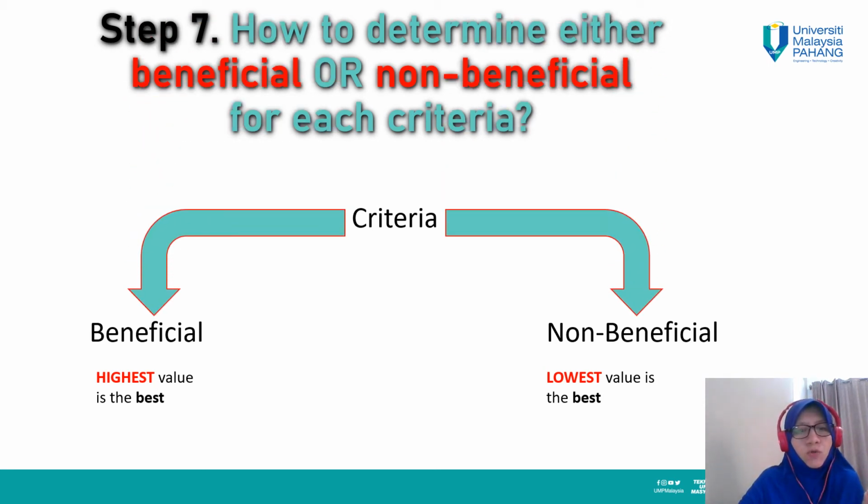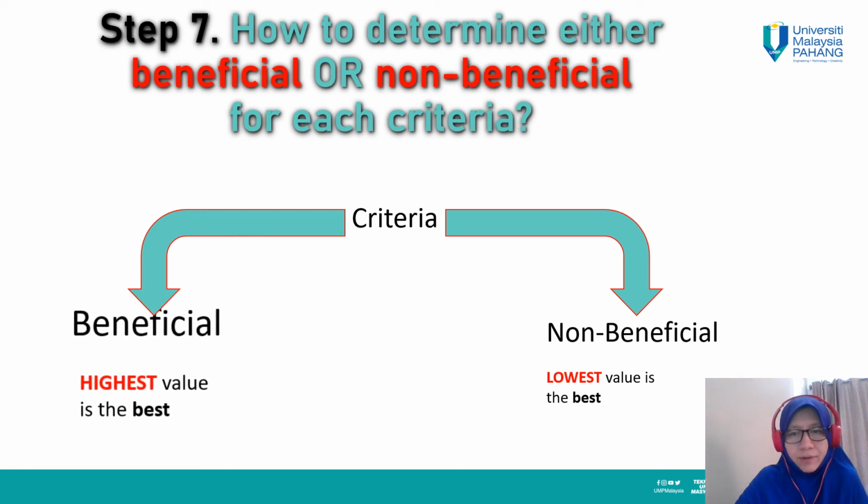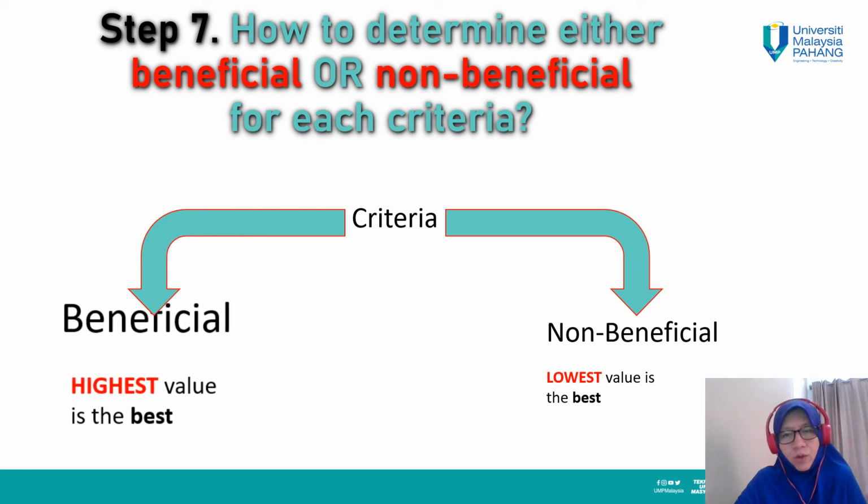When the highest value score is the best value that we want, it is considered as beneficial criteria. Non-beneficial criteria is when the lowest value is the best.